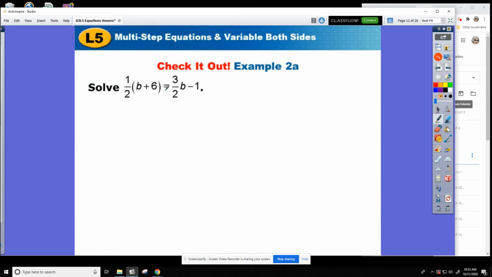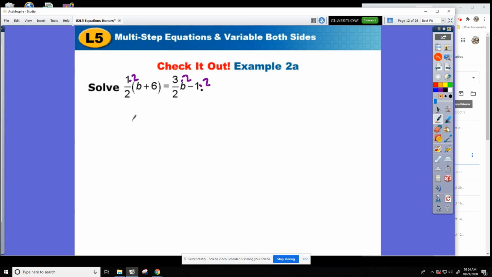All right, here's one with fractions. Remember what I said, we can multiply by something that we could both divide by. So this one, you could multiply the 1/2 and get 1/2 b and 3/2 b, but look, both sides have division by 2. So I can multiply this by 2, this by 2, and just once here because it's going to be distributed.